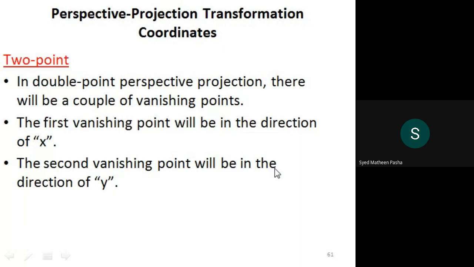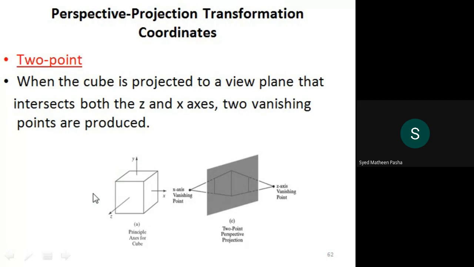Then similarly, 2 points, which basically consist of a couple of vanishing points, that is 2 points with respect to the x and y plane. The first vanishing point will be in the direction of x, the second vanishing point will be in the direction of y. So this is how 2 point vanishing happens. And check out here, what happened in 1 point.